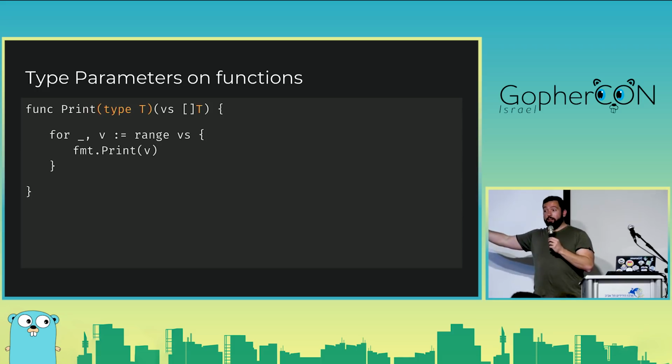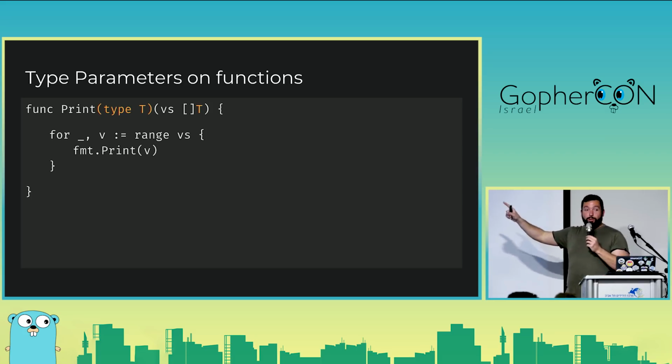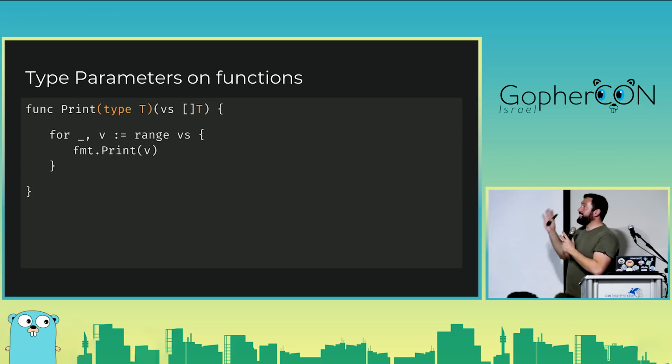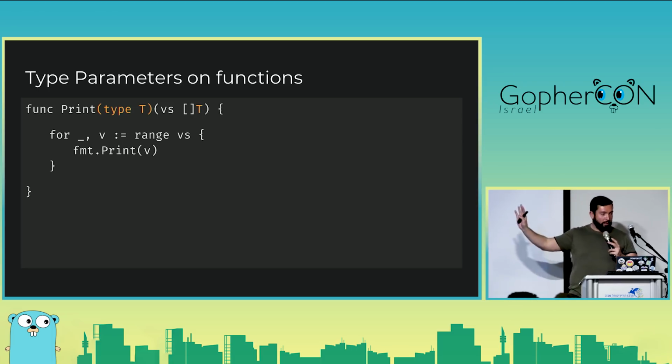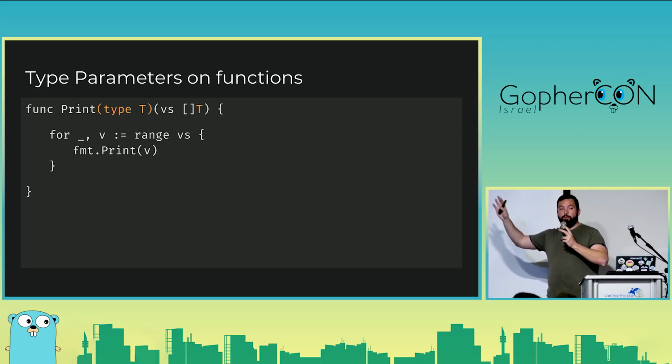Especially if the color scheme is not there, it looks even weirder. Because if you think about how you will return multiple parameters, then you have more parentheses, and this starts to look like Lisp. But this is the syntax we have for now. It might change, but for now, this is what it is. So it allows you to use it as an interface, as a slice of whatever it is, right?